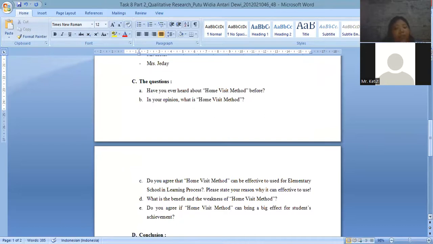Please state your reason why it can be effective. The fourth one is, what are the benefits and weaknesses of the home visit method? And the last is, do you agree that the home visit method can bring a big effect on the students' achievement? So those are the questions.